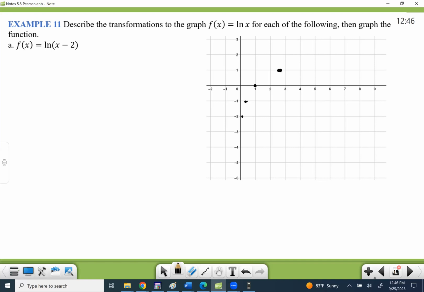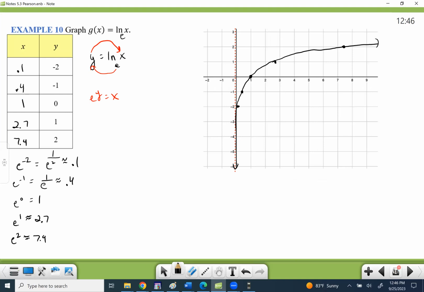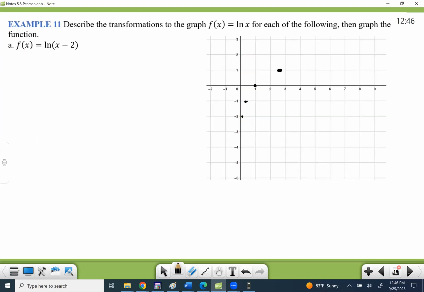And then the last one was 7.4, 2, right? Something like that. And we have this asymptote right here. I'm gonna make it dashed. This is good old natural log of x, okay?